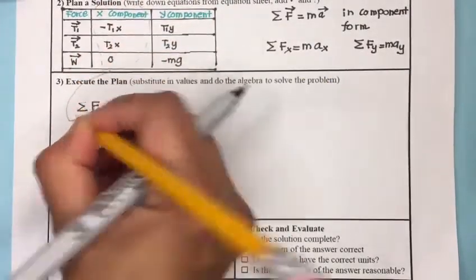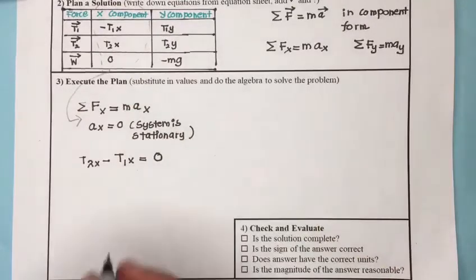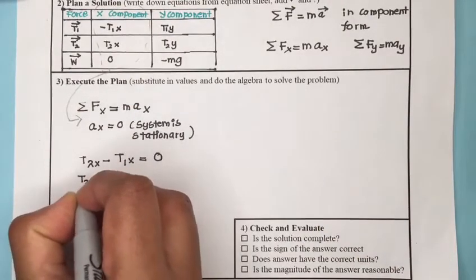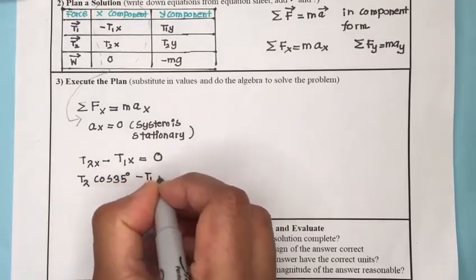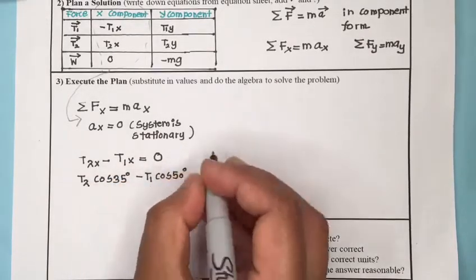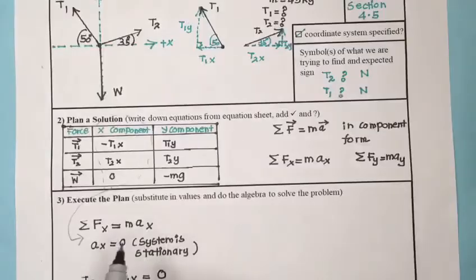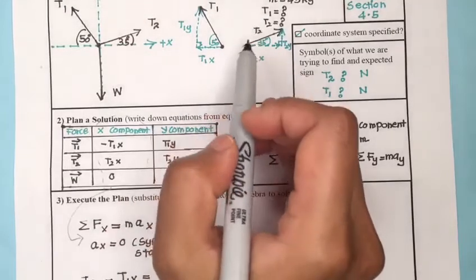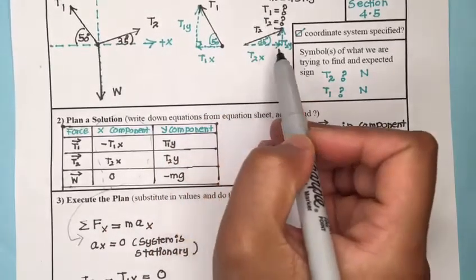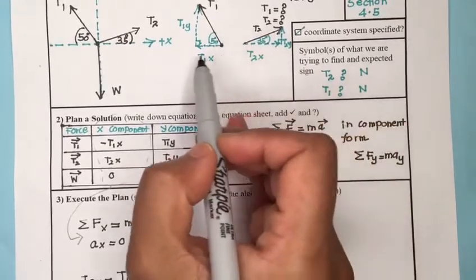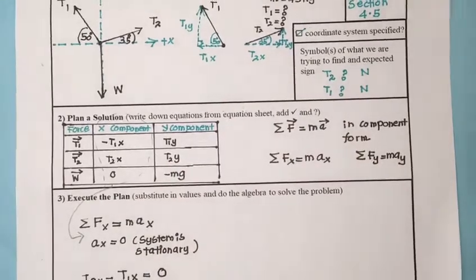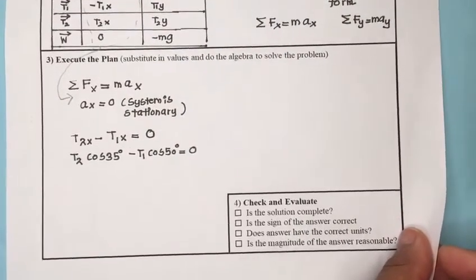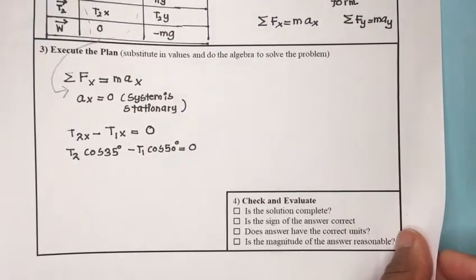And I'm going to express T2x and T1x in terms of cosine of the angle. T2x is T2 cosine 35, T1x is T1 cosine 50. I use knowledge of trigonometry to get an expression for T2x and T1x in terms of cosine, because T1x and T2x are the adjacent sides of the vector triangle.